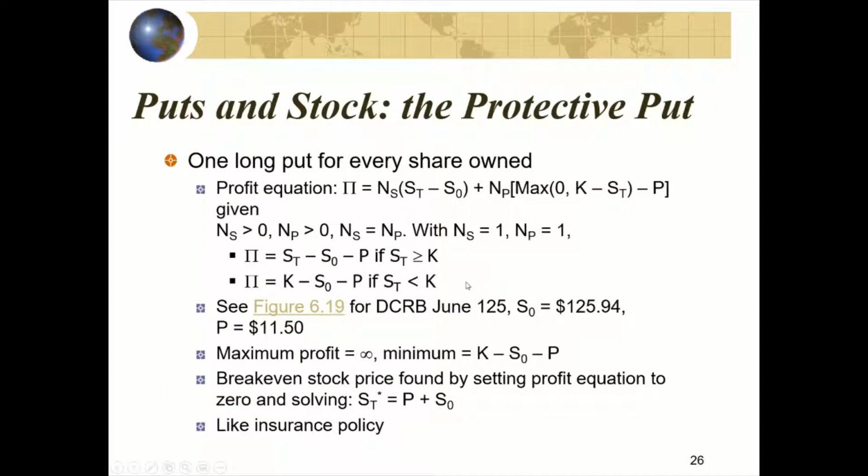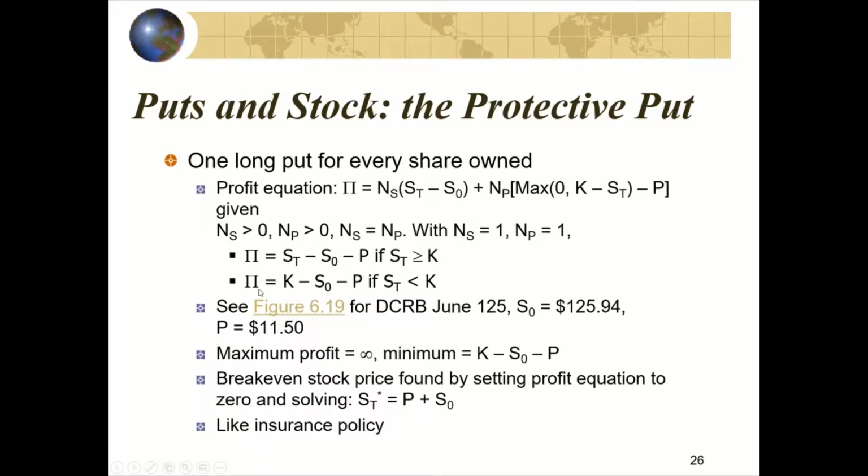Okay. Now, next, let's look at the protective put. The profit equation for the protective put is basically the profit from the stock plus the profit from the long put option. If ST is greater than K, which means the option will expire out of the money, then the profit will be ST, the price I'm going to sell the stock for, minus the price it cost me to buy the stock, minus the premium I paid for the put option.